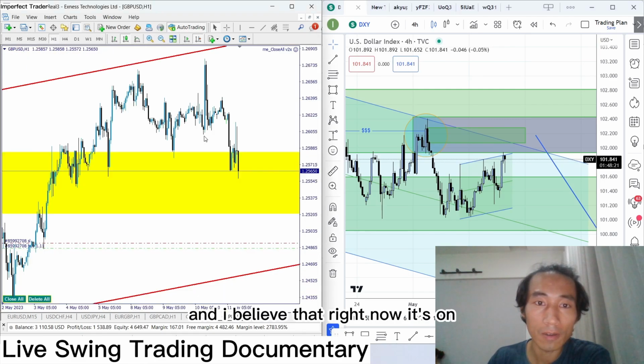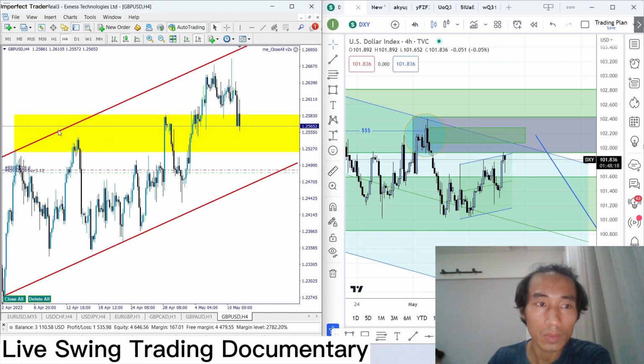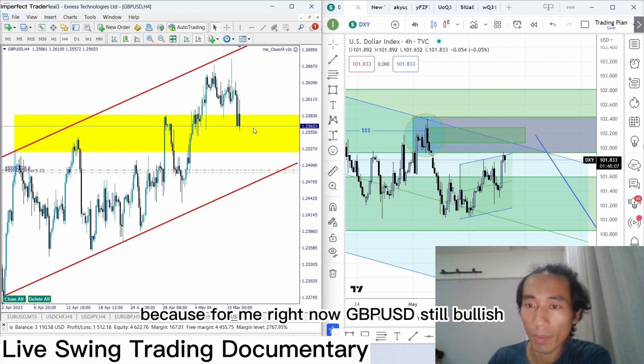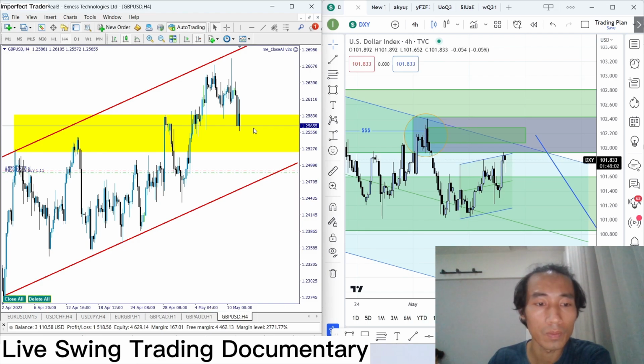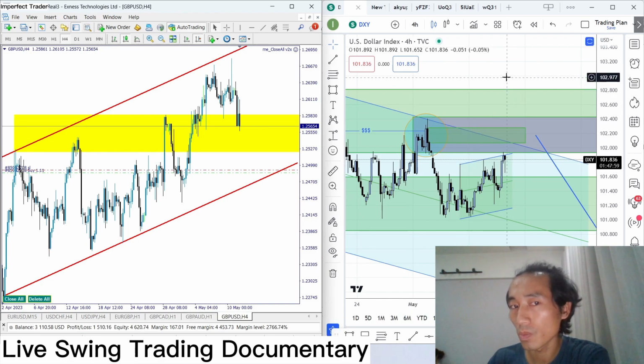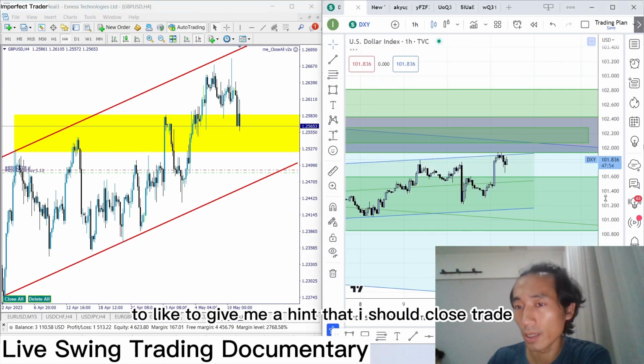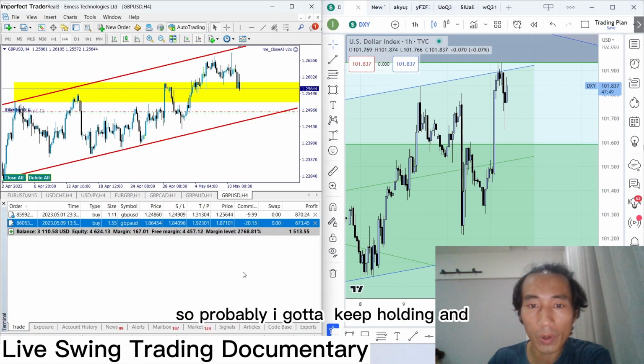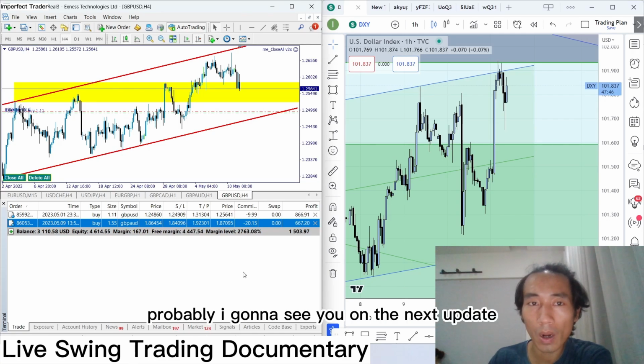And I believe that right now it's on a support level, and eventually it will trade back up, because for me right now, GU is still bullish. Nothing changed. I haven't seen any signal to give me a hint that I should close the trade. So probably I'm gonna keep holding, and probably I'm gonna see you on the next update.